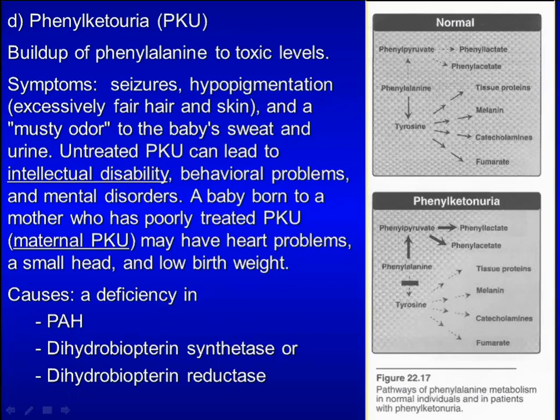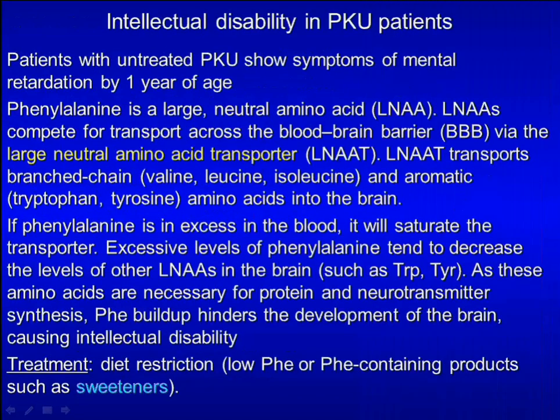Next, we will further look at intellectual disability and maternal PKU. Phenylalanine is a large neutral amino acid. Large neutral amino acids compete for transport across the blood-brain barrier through the large neutral amino acid transporter.